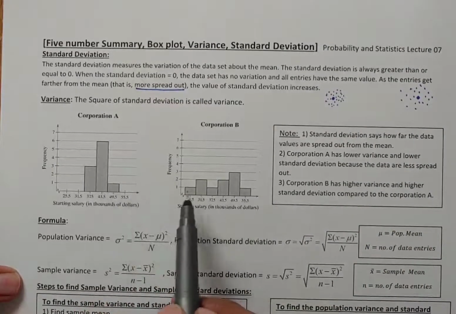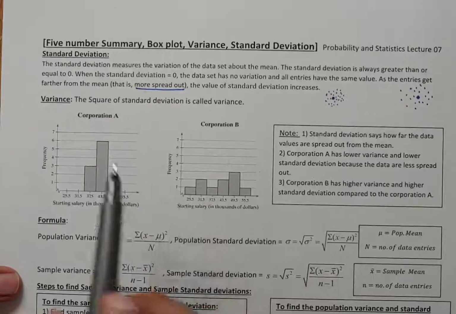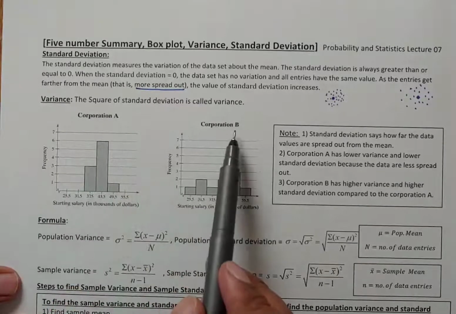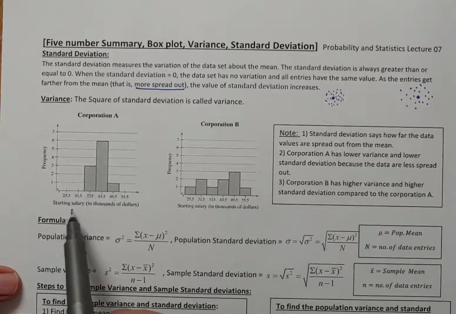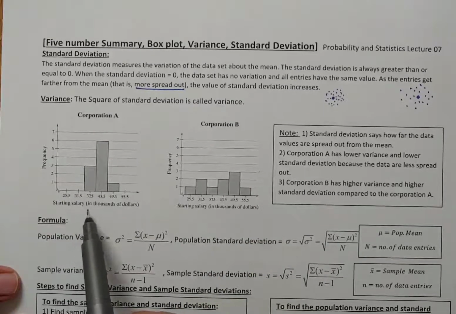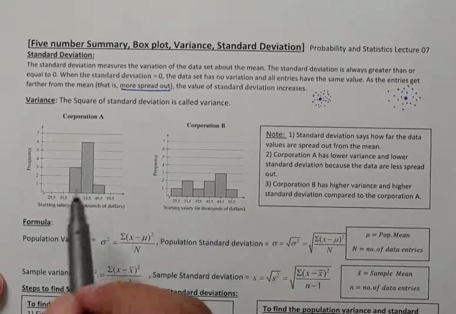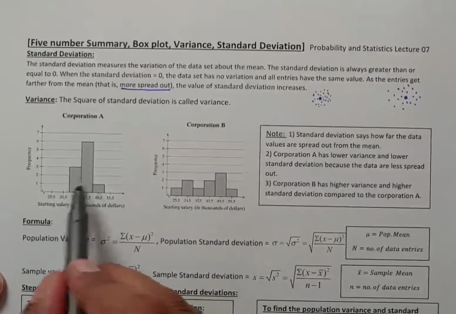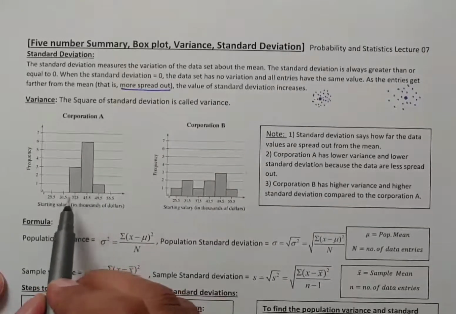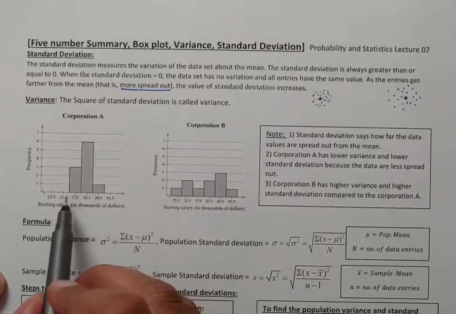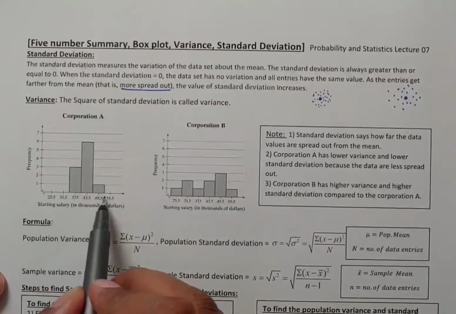Now look at these two examples. This is corporation A and corporation B, with starting salaries. In corporation A, the salary starts at around 35,000 and ends at 50,000, 52,000 or something.